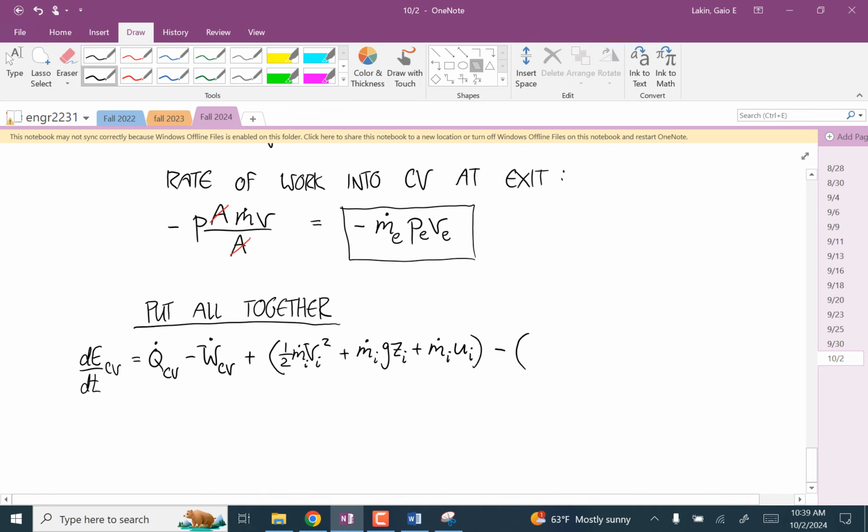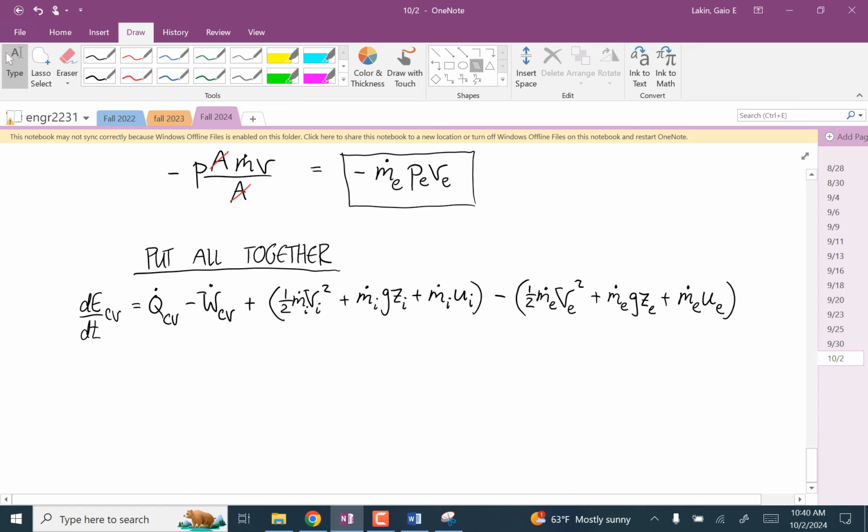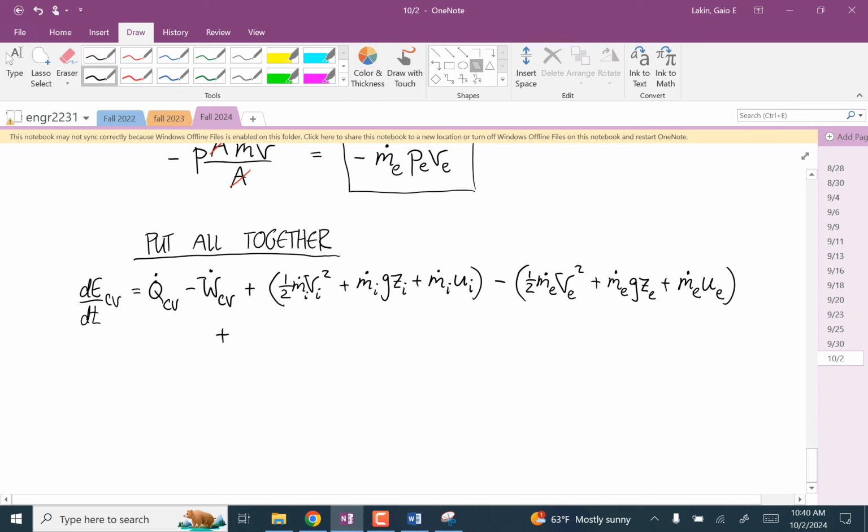And in parentheses, it's 1/2 m dot exit times speed at the exit squared plus m exit dot g z exit plus m exit dot u exit, and now we're going to the work at the inlet.